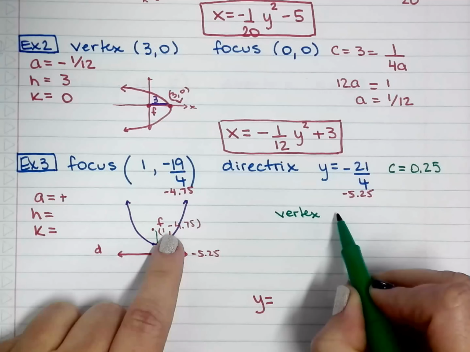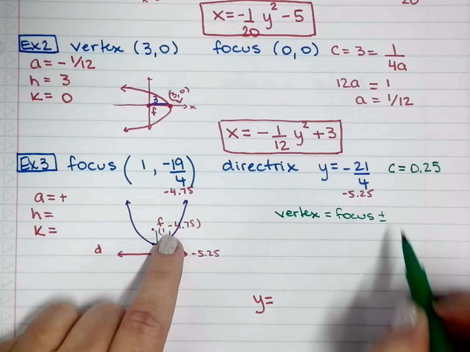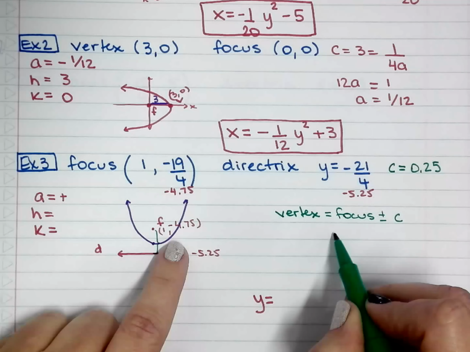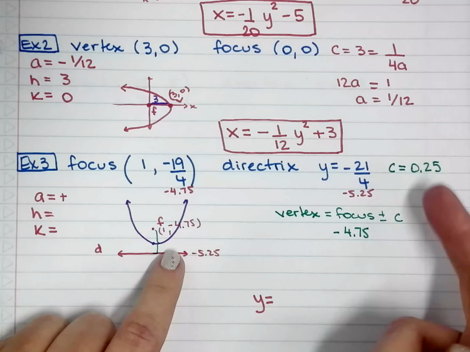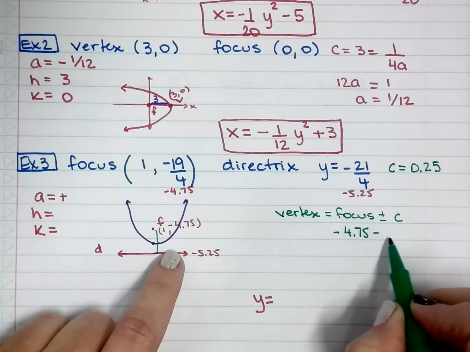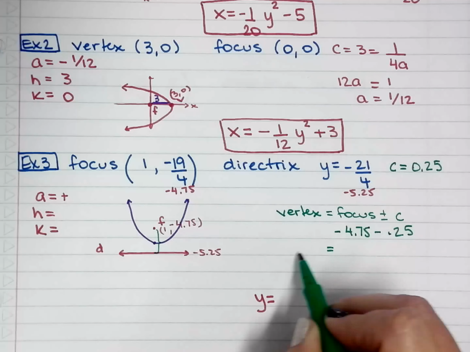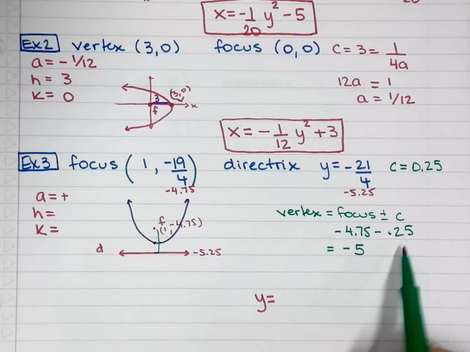And the vertex, I'm going to get the focus and add or subtract C. Right here, the focus is negative 4.75, and I need to go down 0.25. So minus 0.25. That will put the vertex right there at negative 5. If you can't do this in your head, put it in a calculator.